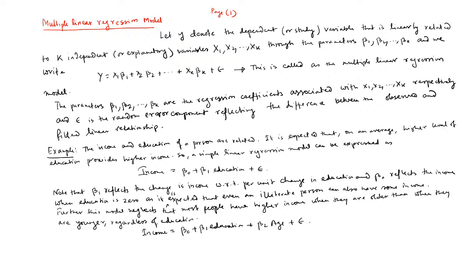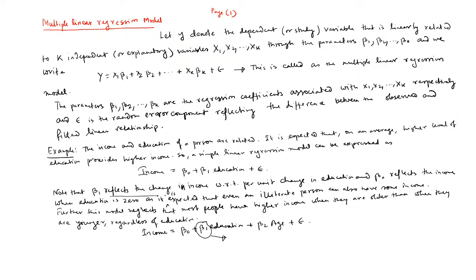Here beta 1 can be interpreted as the reflection of the change in income with respect to per unit change in education.